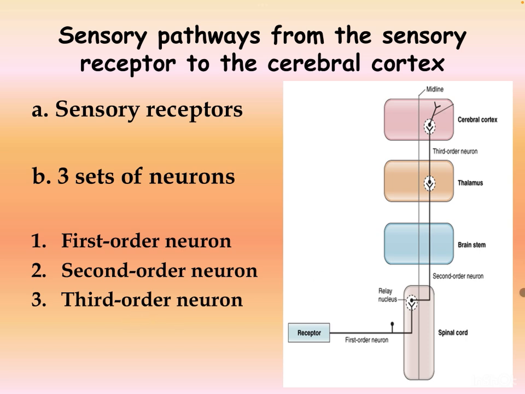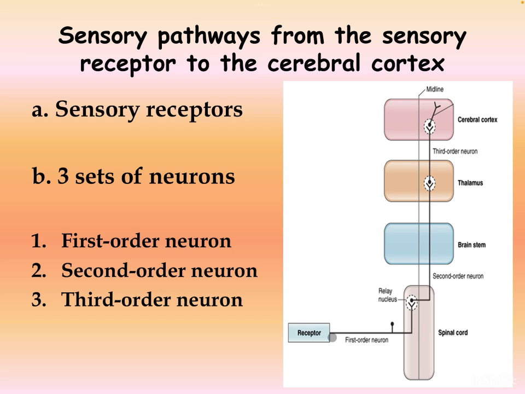So information is transmitted via a series of neurons. There are three sets of order of neuron mainly. First order neuron from the receptor to the spinal cord, and then second order neuron till the thalamus, and from the thalamus third order neuron.